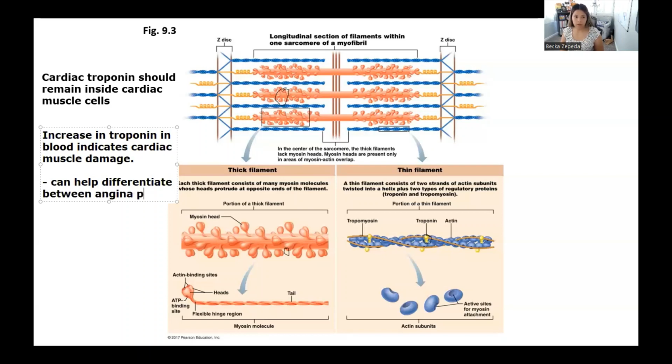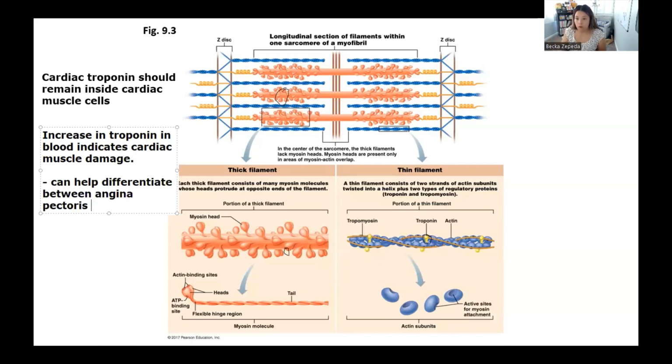angina pectoris, which is just that pain in the chest from coronary ischemia or ischemia in general. We're talking about the heart, so coronary ischemia, but ischemia, remember, is when you don't have adequate blood flow to a certain part of the body. So with coronary ischemia, you're not getting enough oxygen to the heart because the vessels have been narrowed, usually due to plaque.